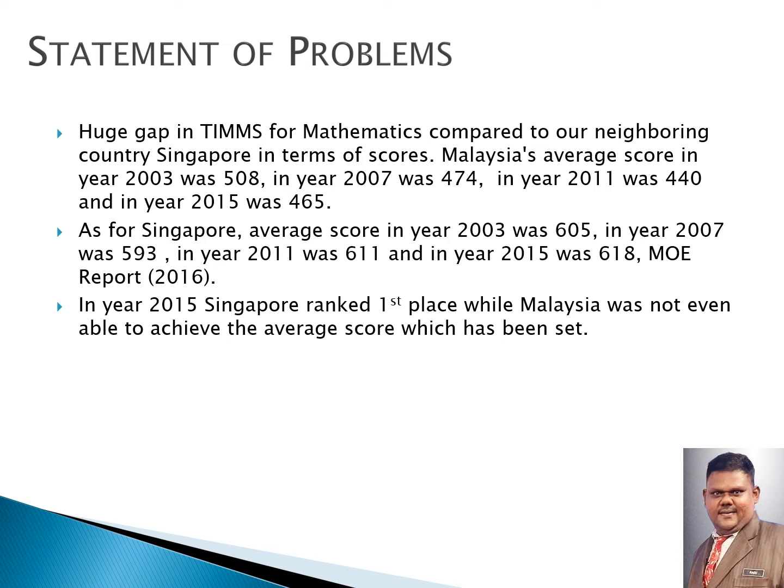This is according to the Ministry of Education report 2016. So in 2015, Singapore ranked first place while Malaysia was not even able to achieve the average score which has been set.